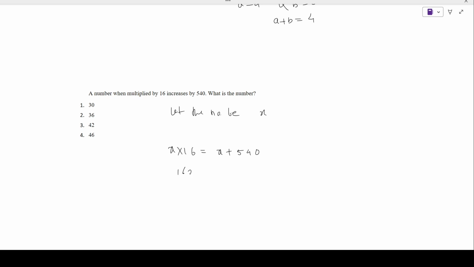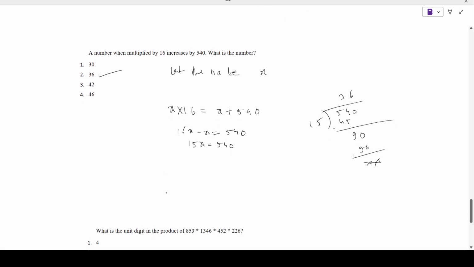So here we have 16x, transposing x to the left side, 16x minus x is equal to 540. 15x is equal to 540. Dividing 540 by 15: 15 3s are 45, here comes 9. So 15 6s are 90. 36. The answer will be 36.